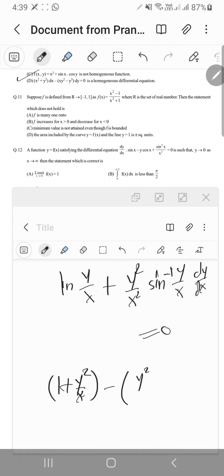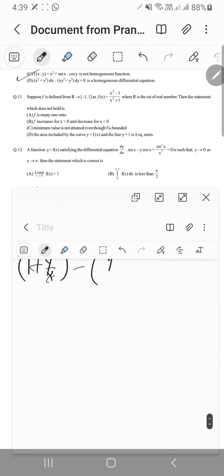Next, suppose f is defined from real to this thing as f of x equal to this thing, where I is the set of real numbers. Fine, then the statement which does not hold good is many-one or onto. Well, is it many-one? F of x equal to x squared minus 1 upon x squared plus 1.